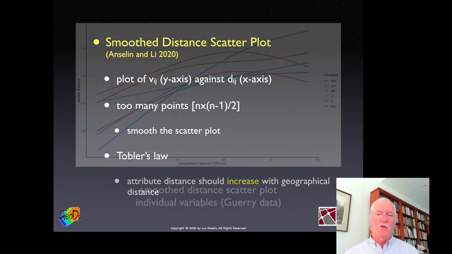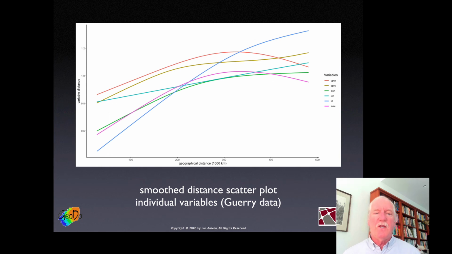And just to show you what this looks like, this is an example, and we'll use this example quite a bit once we move to local spatial autocorrelation. This is a historical data set with socioeconomic data for France in 1830, and we'll be using this data, the Guerry data set.